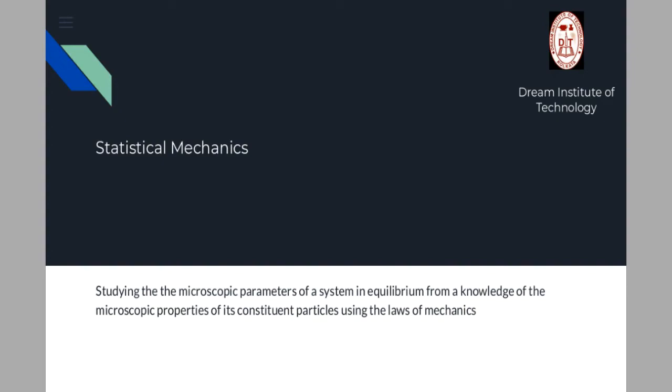Now, what does statistical mechanics do? Statistical mechanics aims at studying the macroscopic parameters of a system in equilibrium from a knowledge of the microscopic properties of its constituent particles using the laws of mechanics.